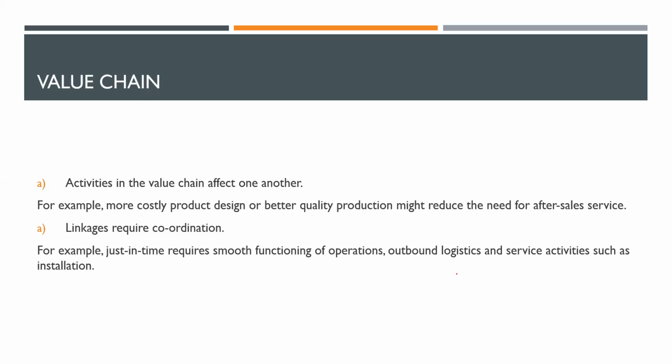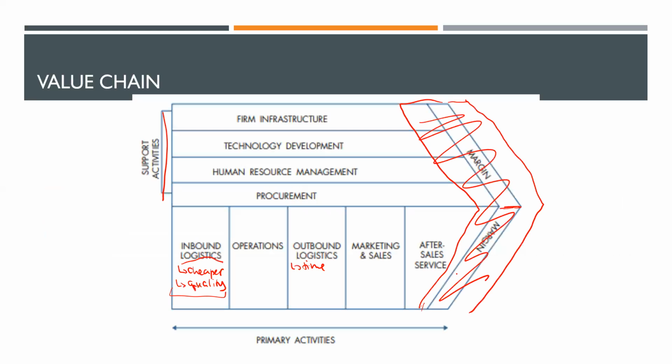So if you want to reduce the number of returns because the customers of this type of product are not willing for their product to be broken, for example, if we sell something relating to medicine, like medical equipment, then maybe we need to communicate with inbound logistics, with the procurement department, so that they would buy some raw materials of better quality.